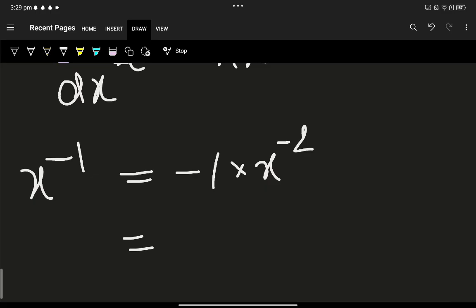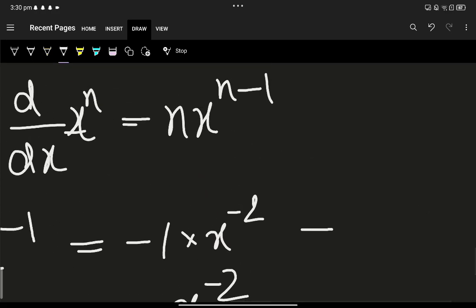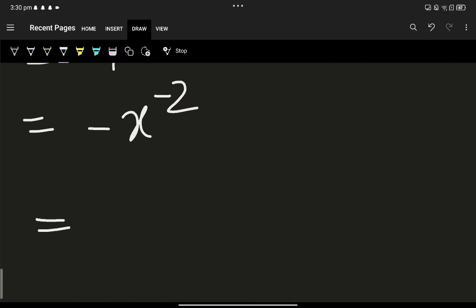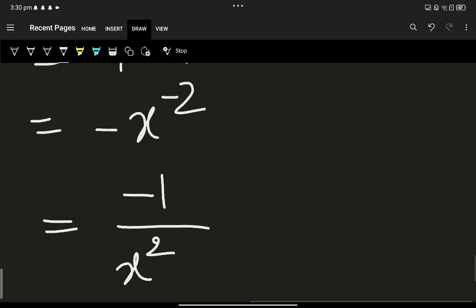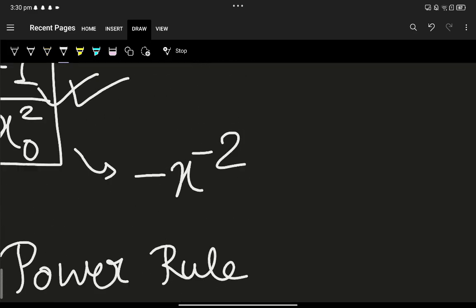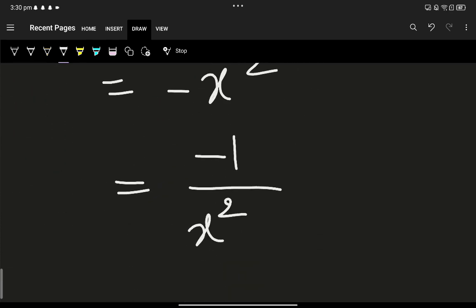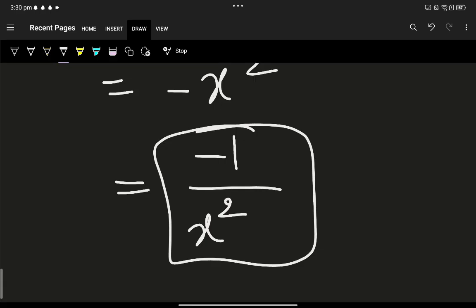The same answer, x raised to -2, we can write as -1 upon x squared. So yes, the same answer which we got earlier, which we solved earlier. But using the power rule, it's way easier.